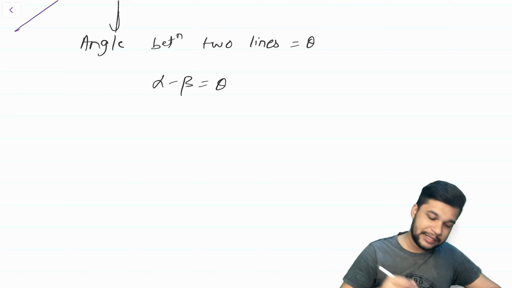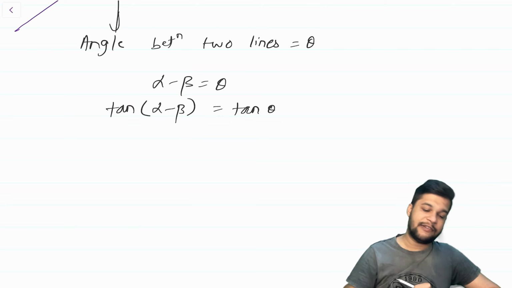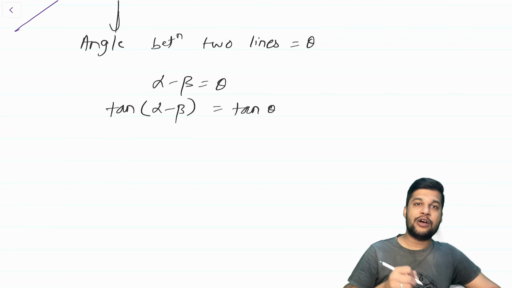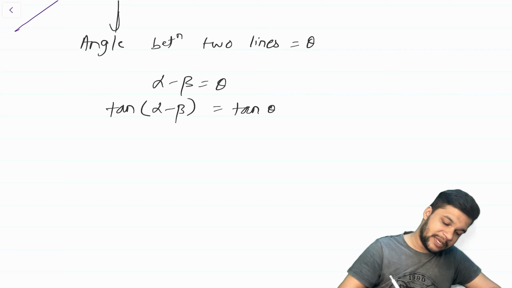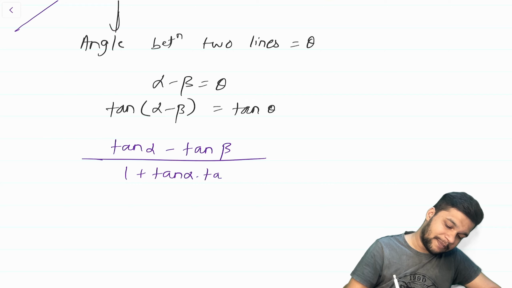Take tan on both the sides. So tan of alpha minus beta is equal to tan of theta. I hope you know that tan of A minus B is tan A minus tan B divided by 1 plus tan A into tan B.